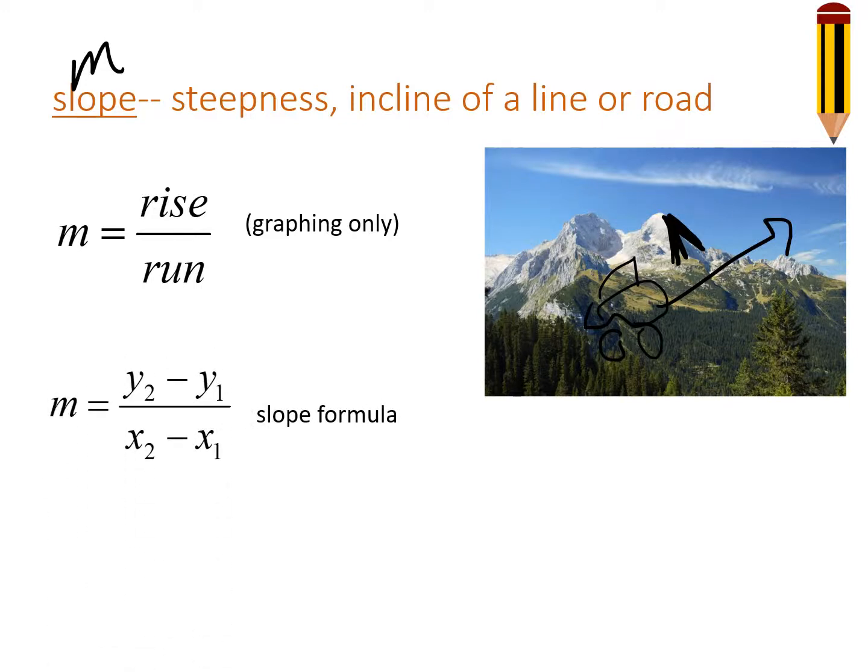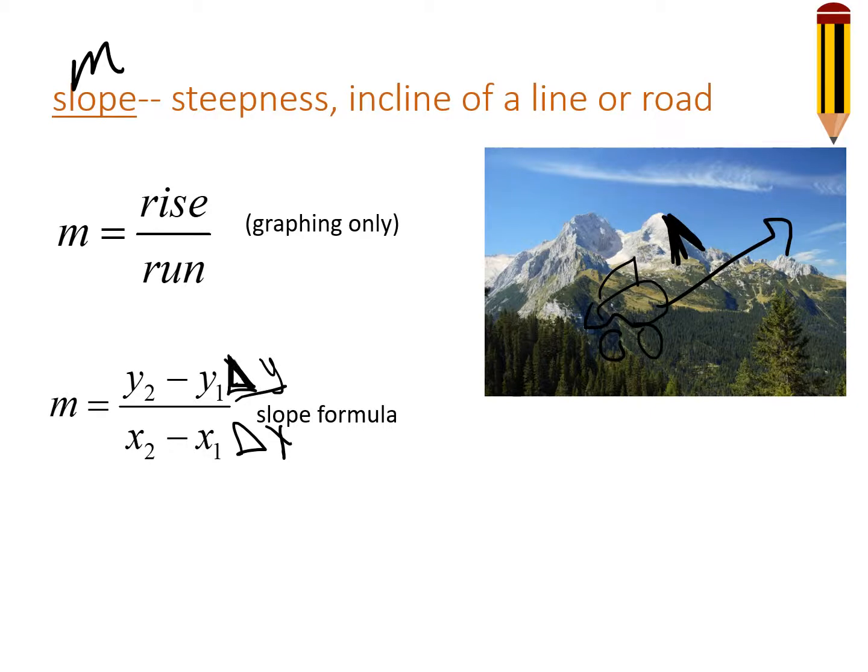And if we've been given 2 points or 2 ordered pairs and we don't have a picture of what that graph looks like, then we can find the slope doing the y minus y values of those ordered pairs over the x minus x values of those ordered pairs. Or what some people say is the change in y over the change in x.